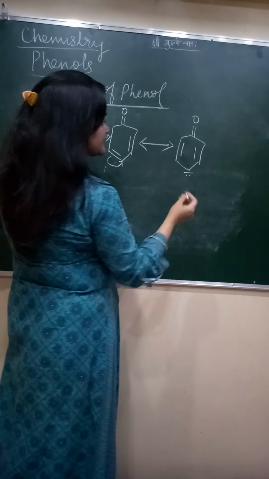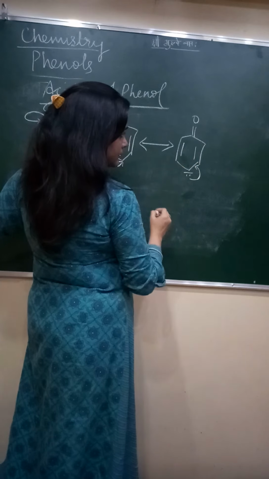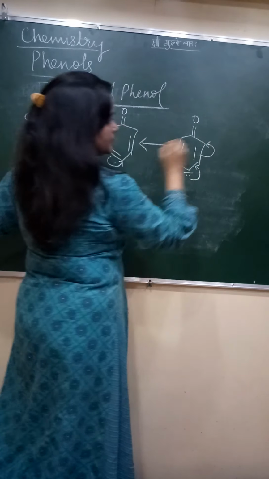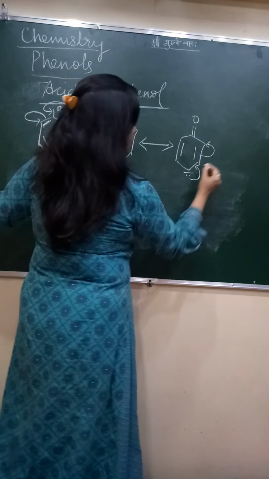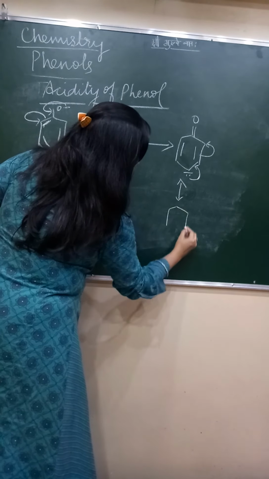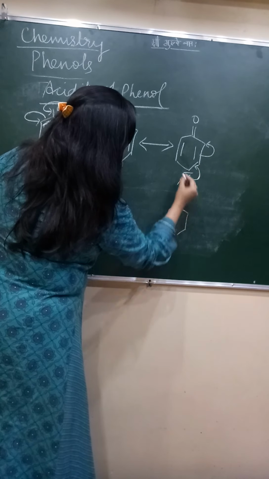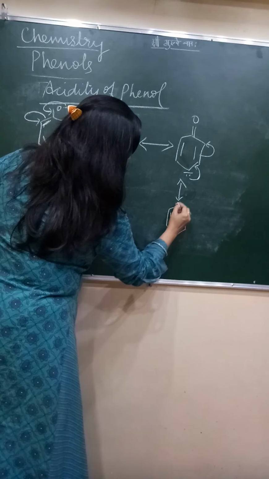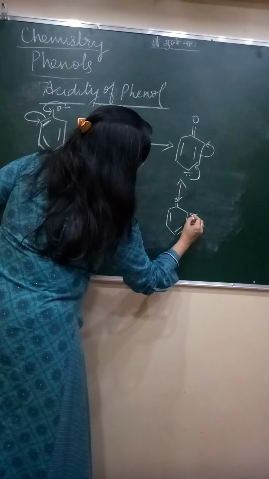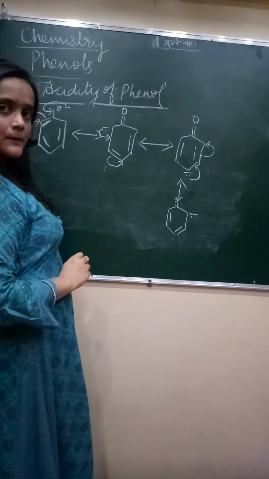Now, in the next step, this will come here, and when it comes here, this will move to this carbon point. So a structure will form like this, with the double bond to O. This bond came here and a lone pair of electrons came to this carbon point.